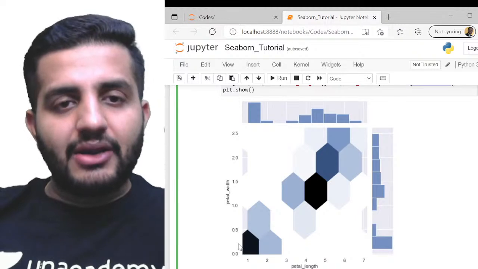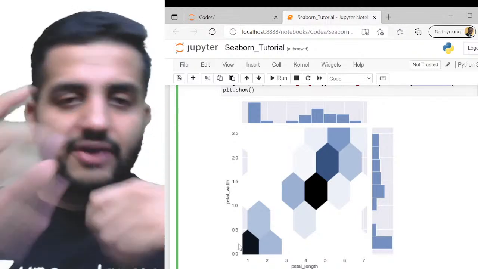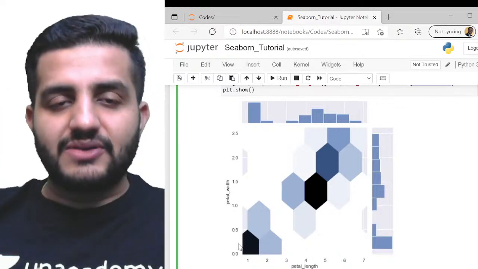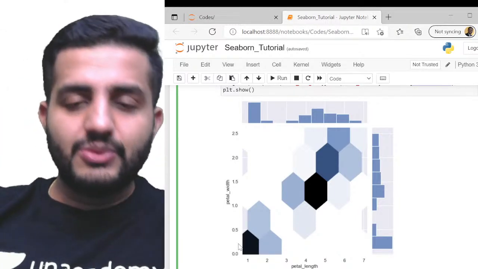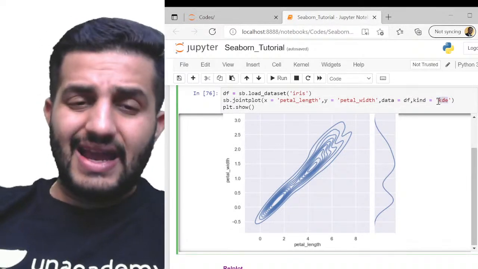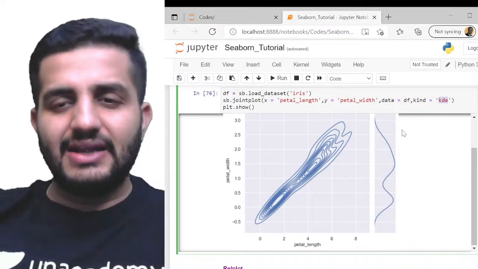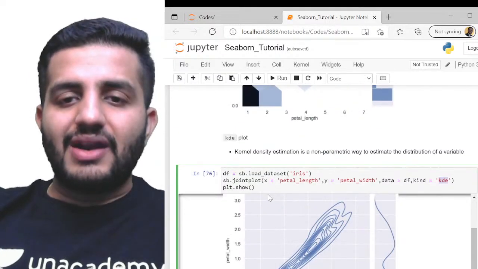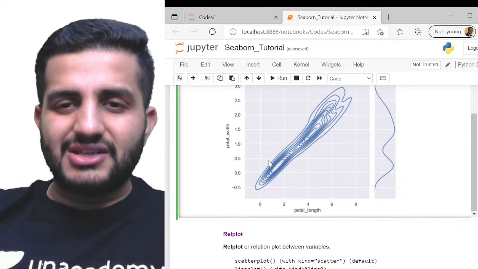Depending on your objective, what exactly you're looking for from your data, what exactly you want to understand, you have multiple options available. So you can use it likewise. The third is, instead of using hex here, we can use kind as KDE. It is plotting the same thing, but in the form of lines. You can see two circles.